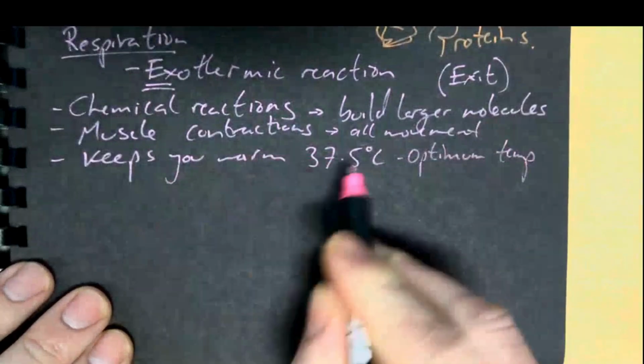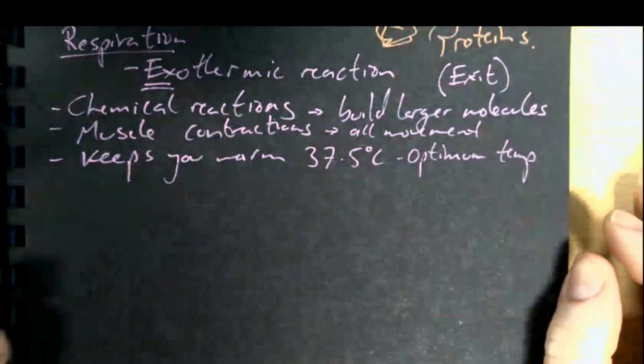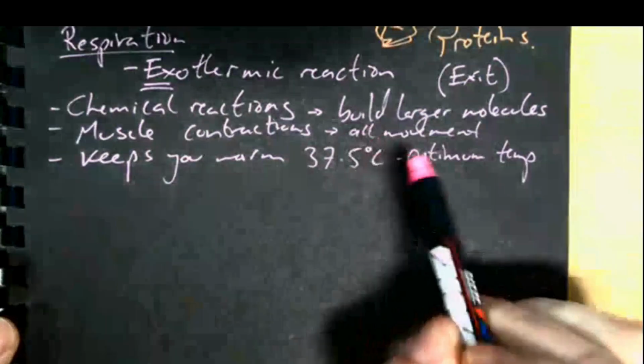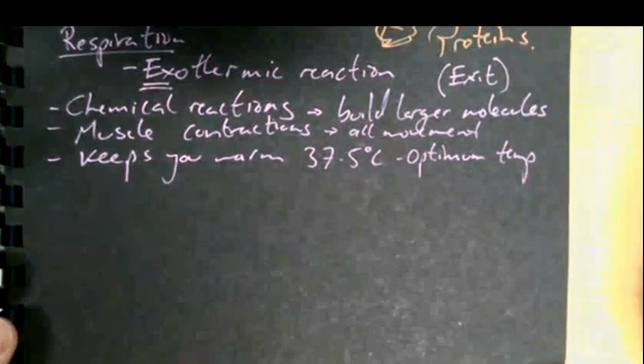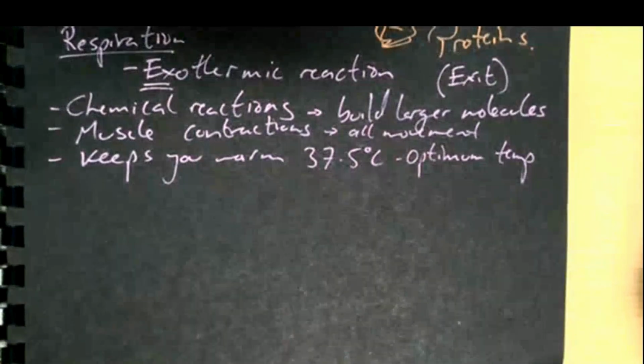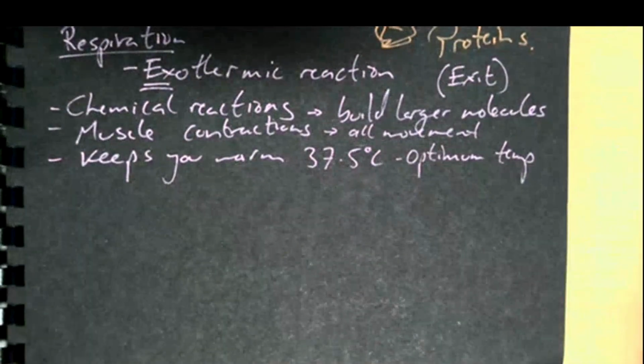And so your body maintains itself homeostatically. We're doing homeostasis at the moment, but remember that's a B2 topic. And the reason your body is kept at that temperature is because that is the temperature at which your enzymes are working most effectively at the fastest rate of reaction.